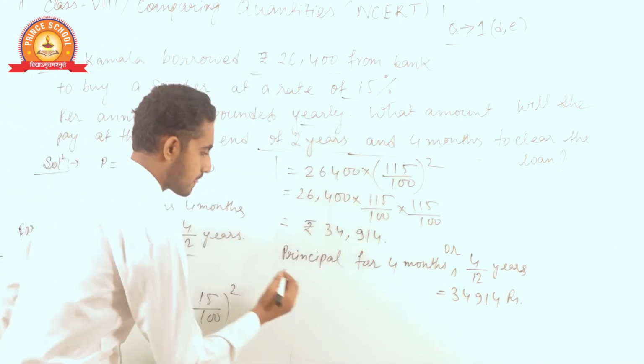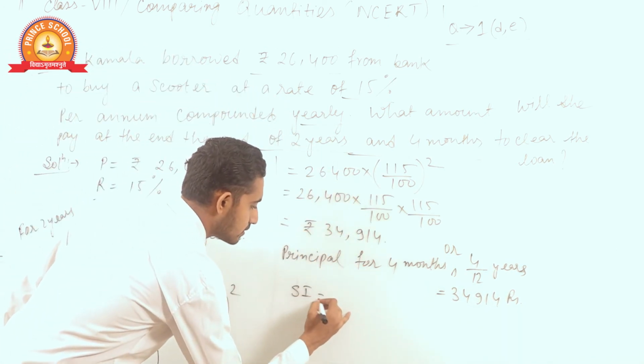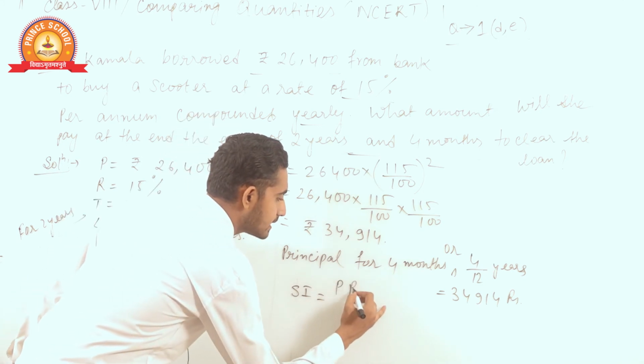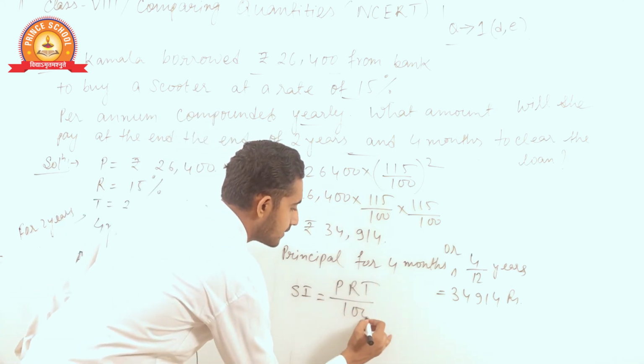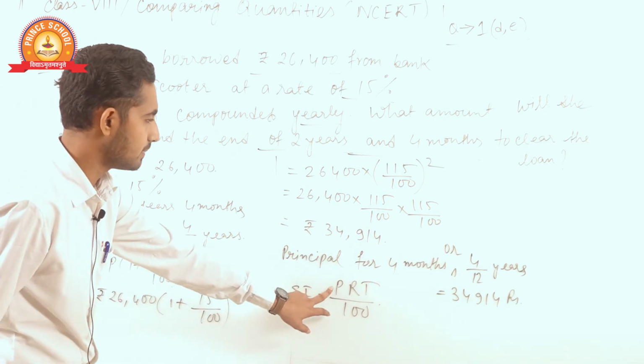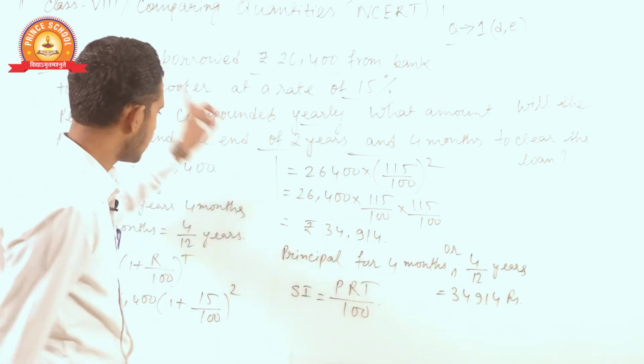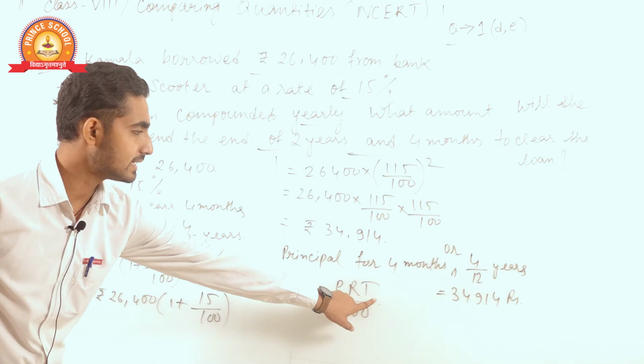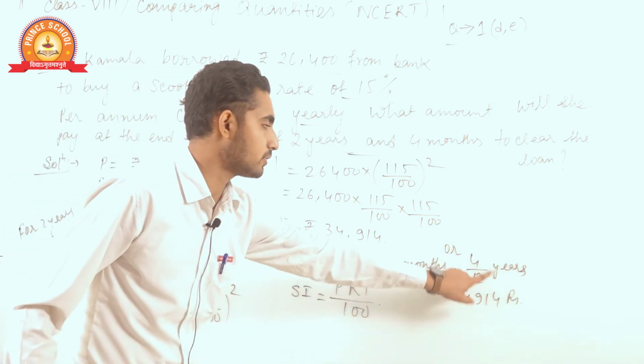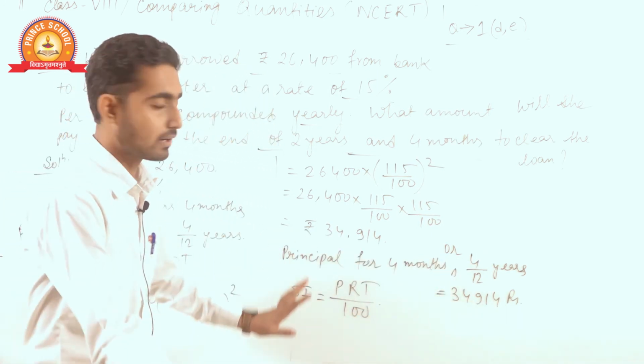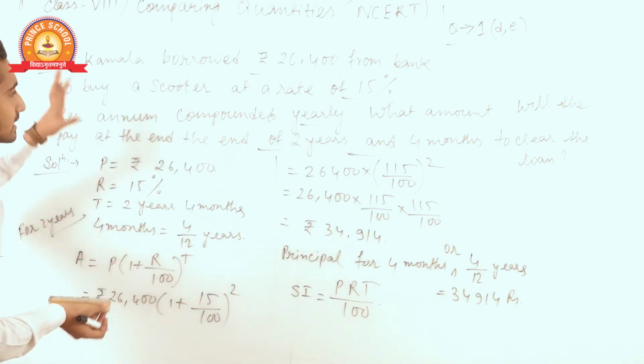Now SI is equal to, write down PRT upon 100. P is equal to how many? P is equal to this, R is equal to already given 15%, T is equal to 4 upon 12, and that is your 100. Now this we have to solve here, so I will erase somewhere.